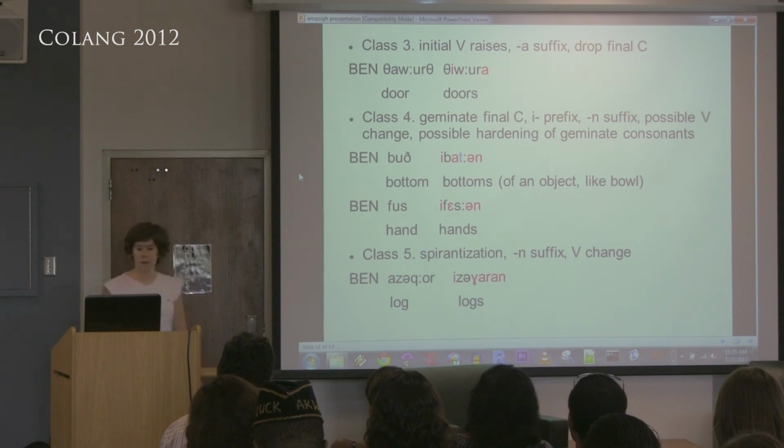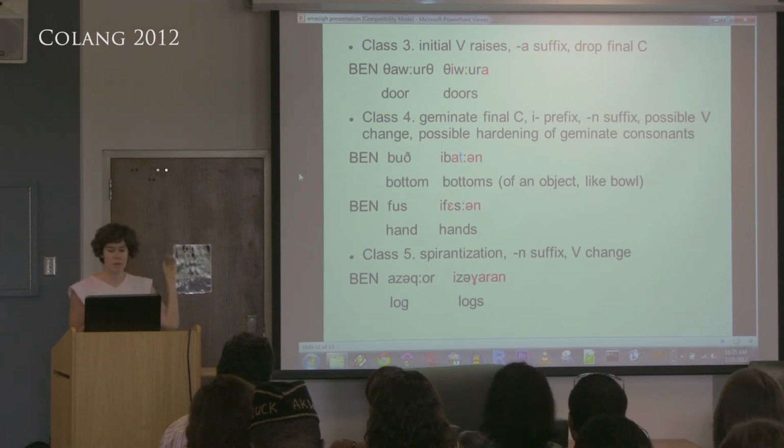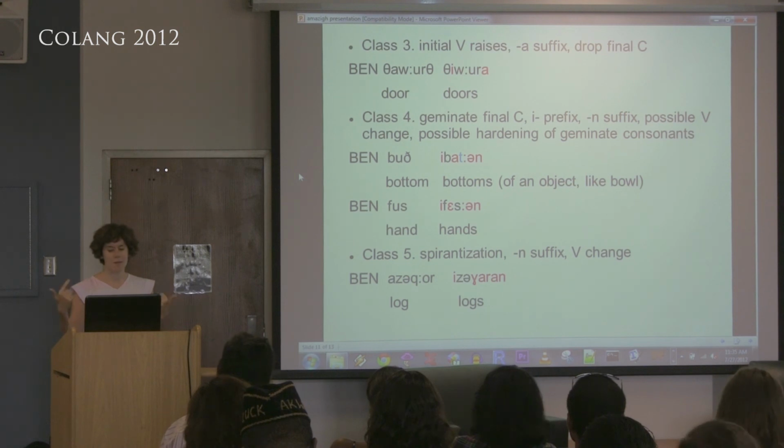In class 3, the initial vowel raises and then there's an "a" suffix, and you drop the final C. So Tawuf becomes Tiwara. In class 4, geminate final C, there's an E prefix, E suffix, and possible vowel change, possible hardening of geminate consonants. So Wuf becomes Ibatu.